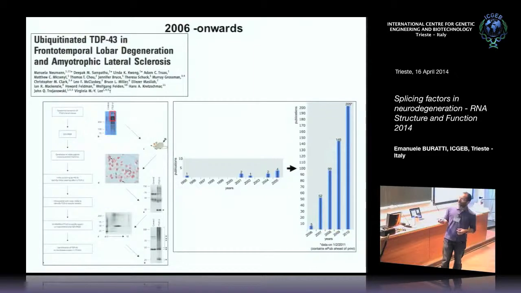What they did in this lab was to take brain tissue from the patients. They separated the aggregates from the rest of the brain material. They used this aggregate to inject into mice.